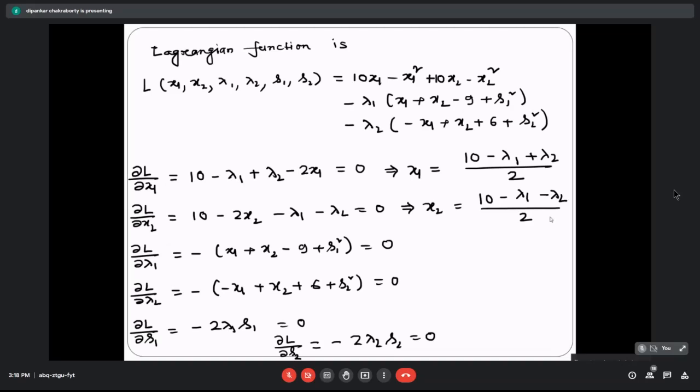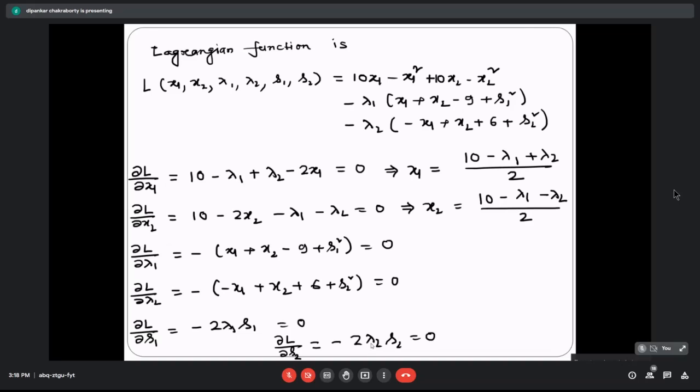So what we are going to do is find the solution by exploring the last 2 equations we have got, that is lambda 1 s1 equal to 0 and lambda 2 s2 equal to 0. Because lambda 1 s1 equal to 0 means it may happen that lambda 1 is 0 or s1 is 0 or both 0, and similarly lambda 2 is 0, s2 is 0, or both 0.